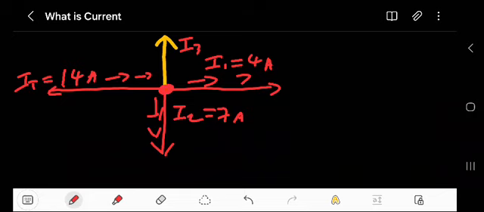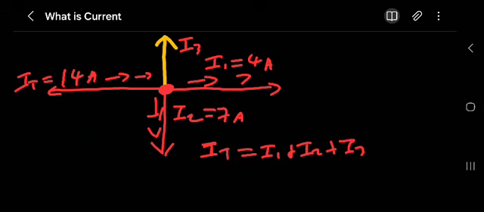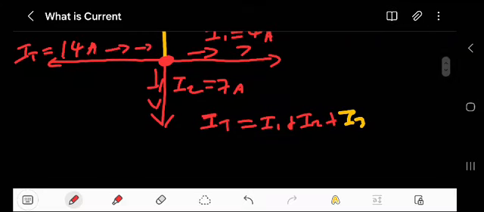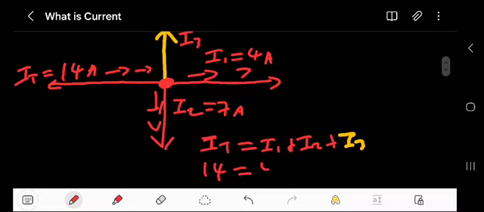So you can say I total, we know we started with 14, is equal to I1 plus I2 plus I3. What do we want? I want I3. We started with 14 amperes. I1 is 4, right?